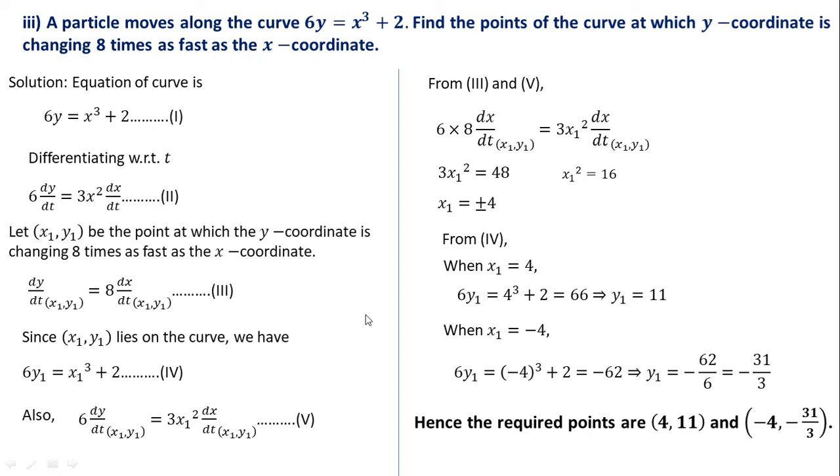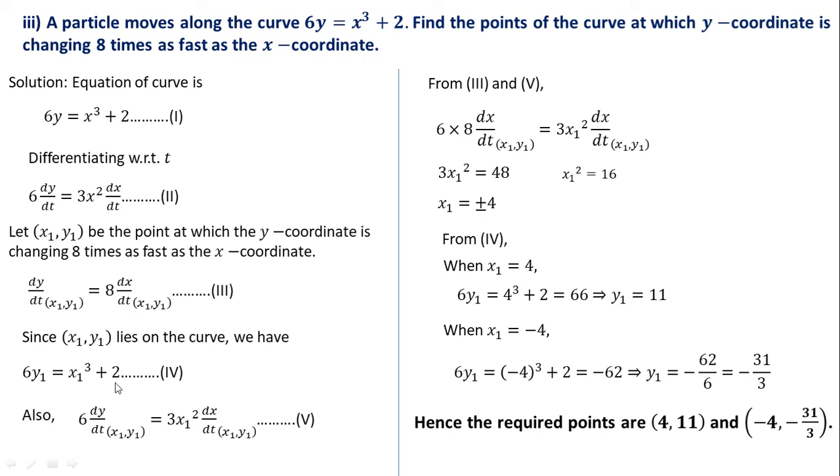Okay, see how to solve this. Here y coordinate is changing means it is dy by dt, and x coordinate is changing means it is dx by dt. So there is a relation that dy by dt is equal to 8 times dx by dt. And by considering the point x1, y1, we rewrite this equation.